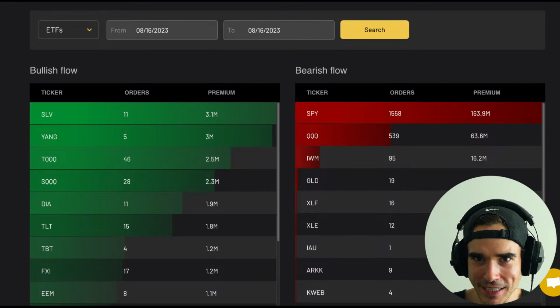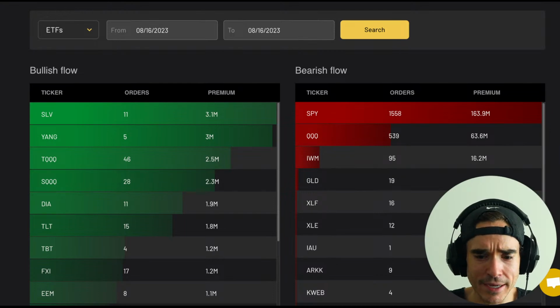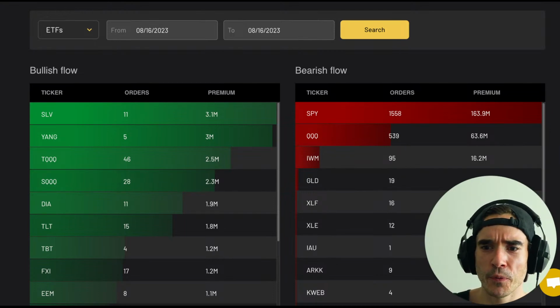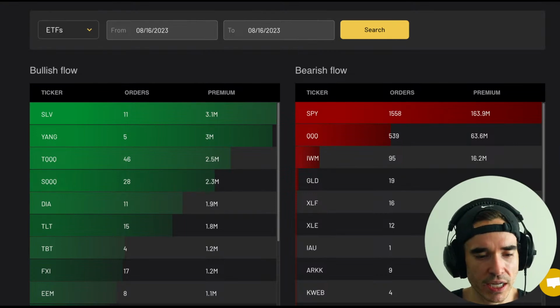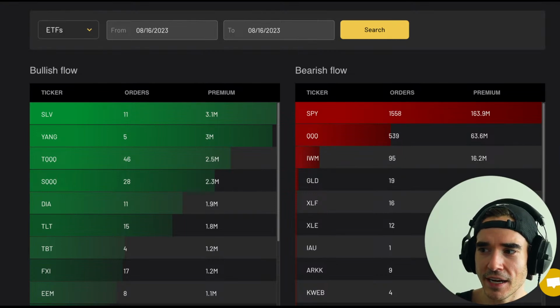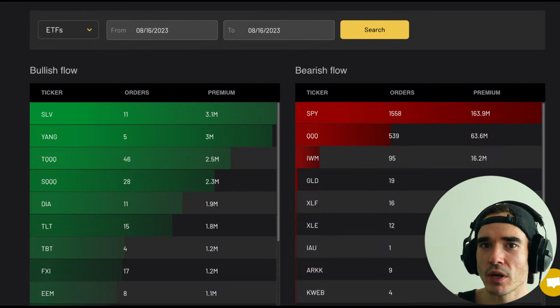Even just looking at the Tesla chart, it's at the top of a mountain. Nvidia, same exact thing. So we're not going to fight the bears. We're just going to take a look at where the money's going, try to reason and think about why it's going there. And if it makes sense, we'll follow along.